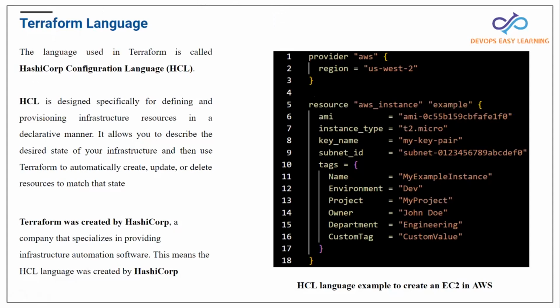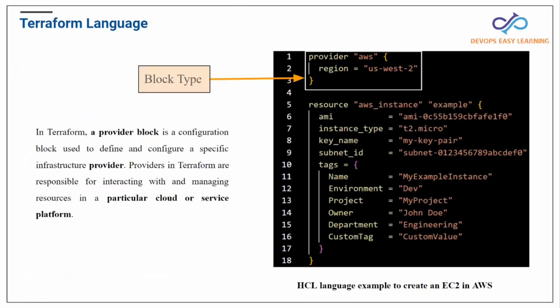I have one example here just to create an EC2 instance, and we'll go through this example and see what the resource, the provider, and the aws_instance example all mean. We'll talk about the argument, the argument value, and the tags.